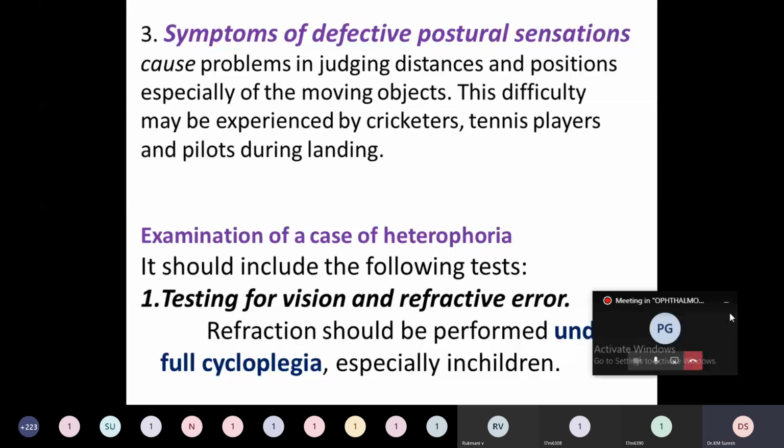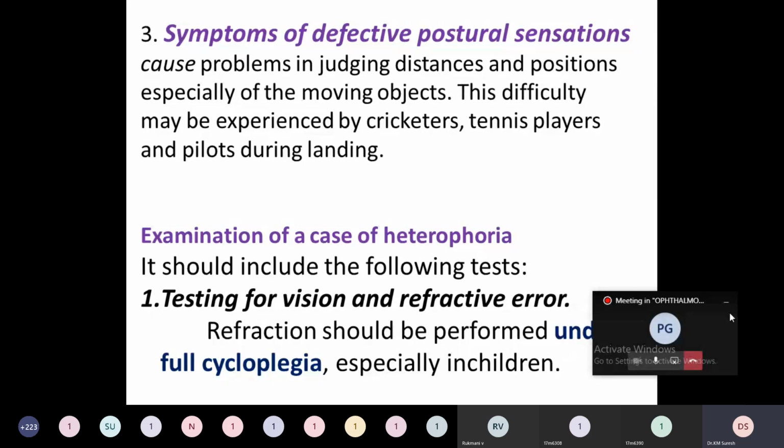tropicamide, phenylephrine hydrochloride, cyclopentolate, homatropine, and atropine. Out of these 5 drugs, first 2, tropicamide and phenylephrine hydrochloride, they cause only mydriasis.